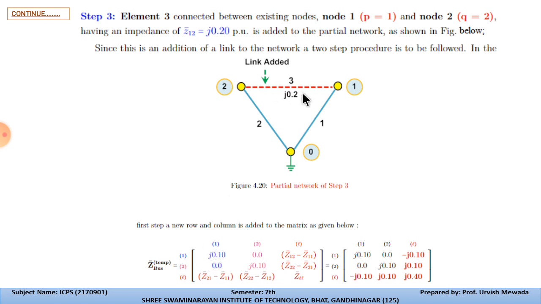Z11, so 1 to 1 it is 0.1, that we already discussed, as this is the first addition of the first link. Now Z12, so 1 to 2 it is 0, because this is the link.